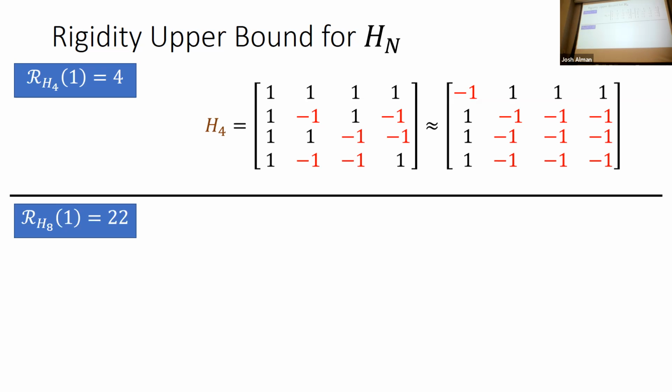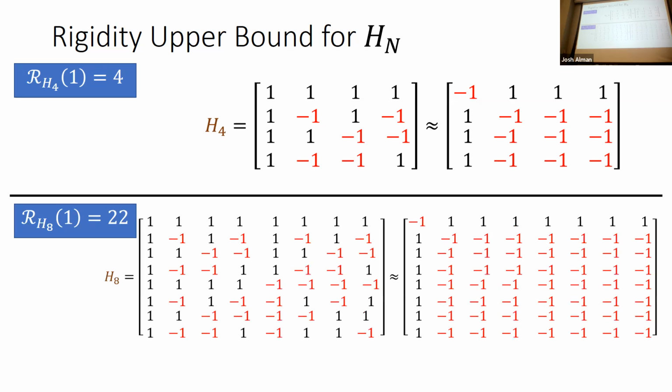Okay, and you can do the same thing with the 8x8 Hadamard matrix and find that you can change 22 of its entries to make it be like this: all -1s in the bottom right part and -1 in the top left and 1s in the left, which is still a rank 1 matrix. This turns out is also tight and it's less easy to prove, but you can prove it.